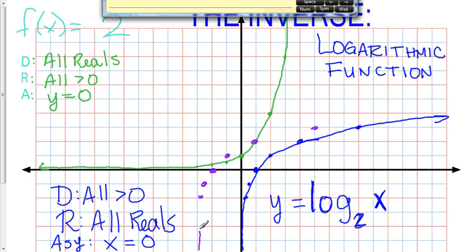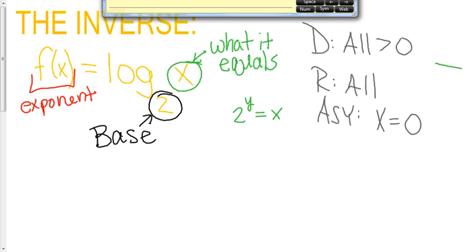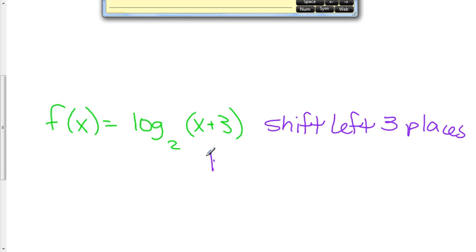And it would be this graph. Now our domain would change to everything greater than a negative 3, and our asymptote would be x equals a negative 3. Our range would not change, it would still be all reals.